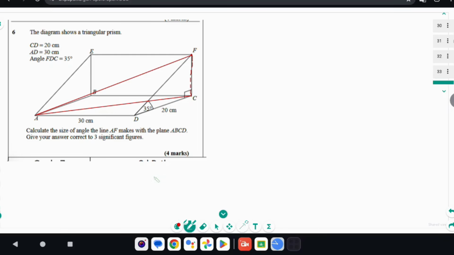So it's at this angle here, which is a right angle triangle. So we want this angle. What do we have already, if anything? We don't have anything yet, but I've noticed a right angle triangle here.